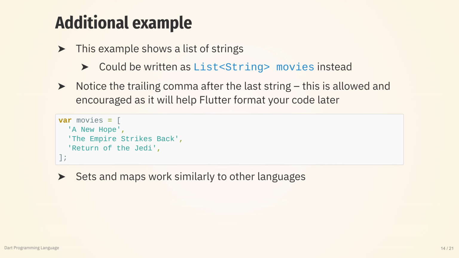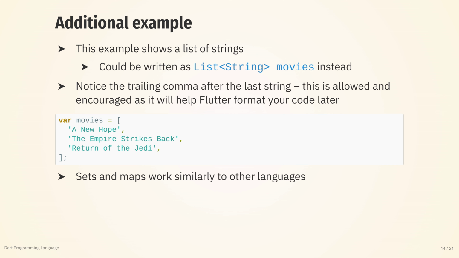We can also use strings in order to do this. We can then say that instead of using var, we could say List<String> movies, but as it is inferred, it's easier to do as in the example, var movies, then we can list the different strings. And this way of listing things in an array is something that you will see a lot in Flutter.